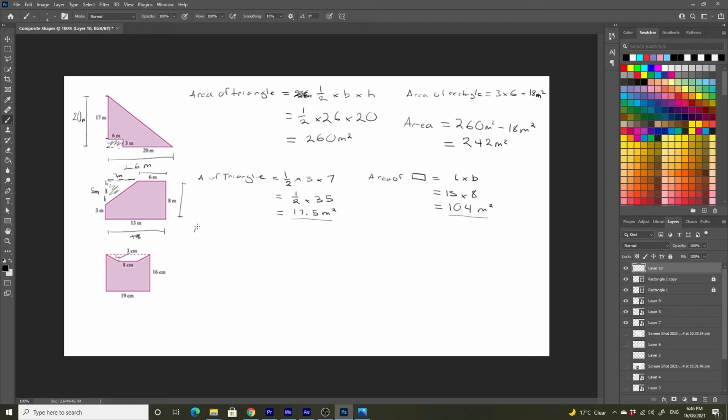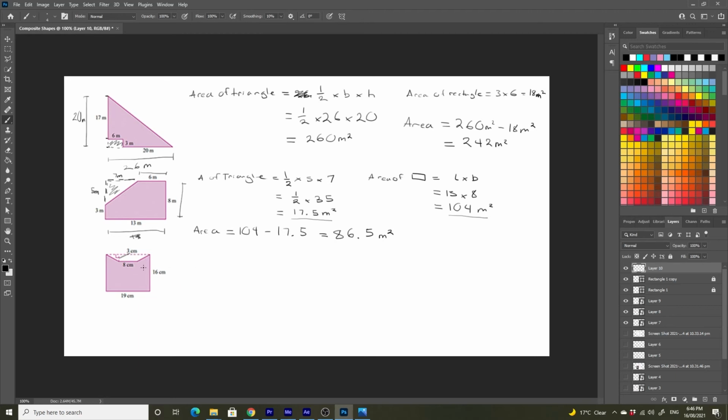And in this case, our area is going to be equal to 104 minus 17.5, which is going to be equal to 86.5 meters squared.